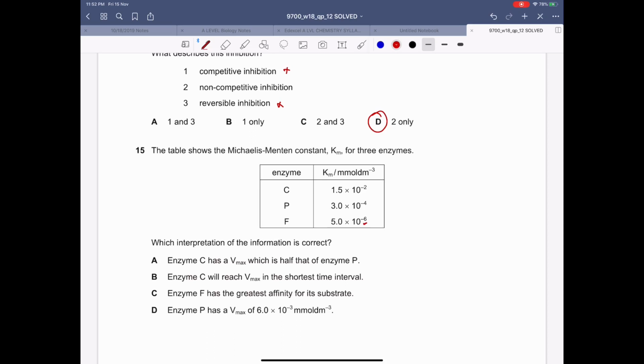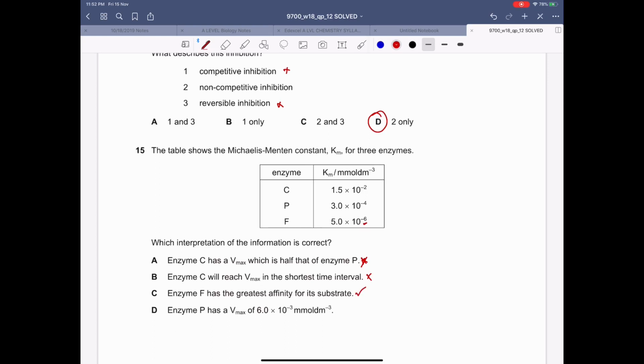Enzyme C has a Vmax which is half that of enzyme P. Well, this information is insufficient to actually explain that, so I'll just simply cross it. Enzyme C will reach Vmax in the shortest time interval. Can't confirm that either. Enzyme F has the greatest affinity for its substrate. Yes, it does.